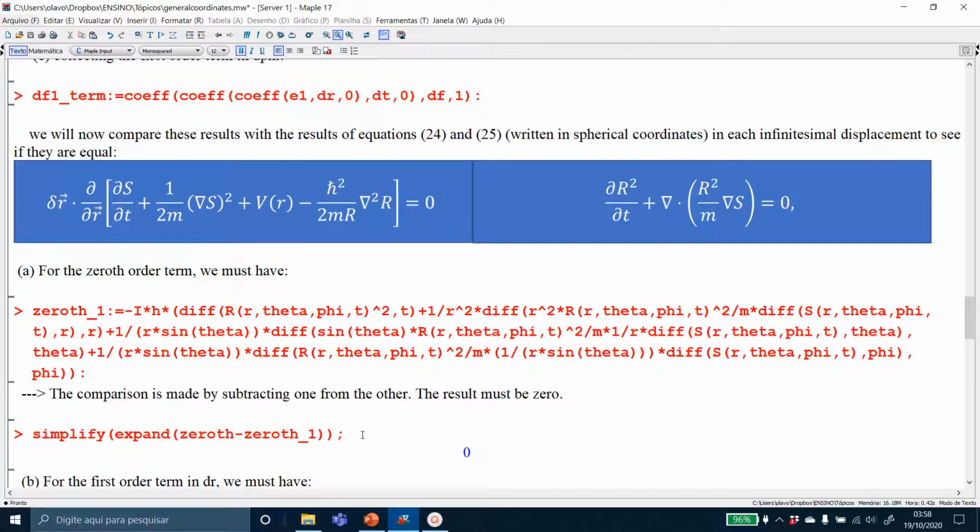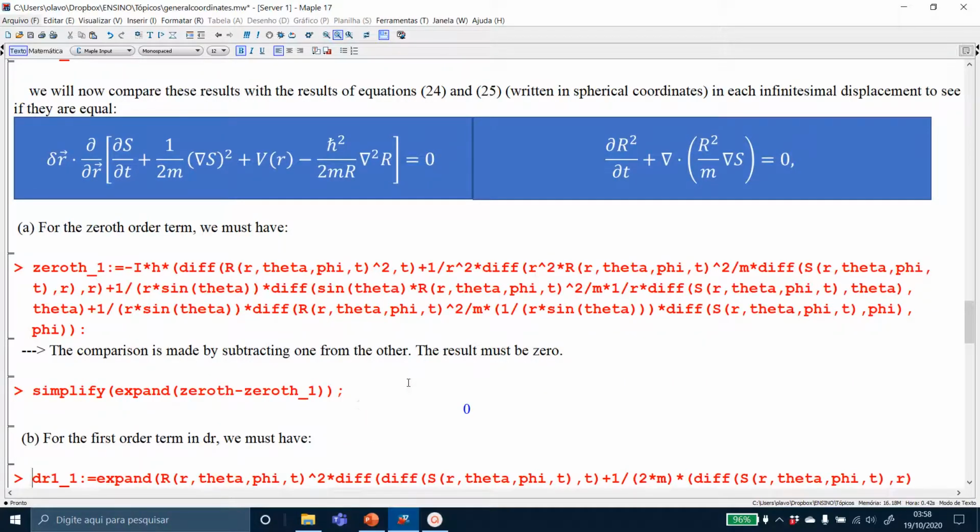They must be 0, so we got 0. That is to say, the term coming from the application of the characteristic function into the equation and taking the zero order term gives exactly this equation here. This is what we have here.